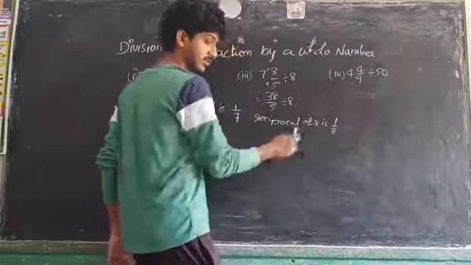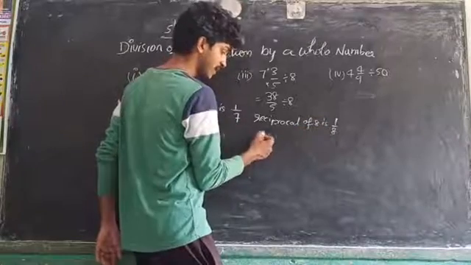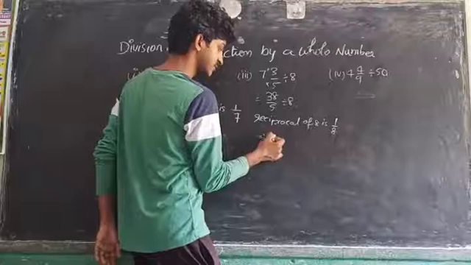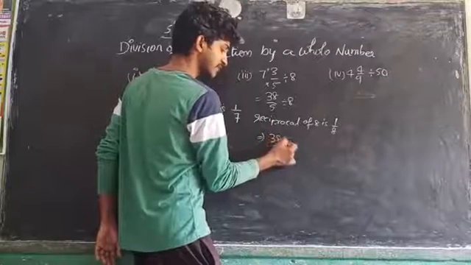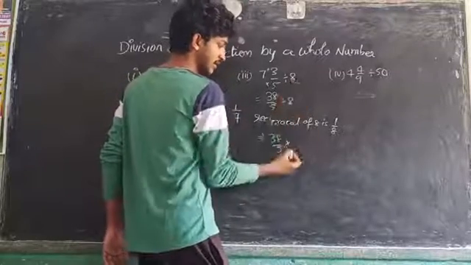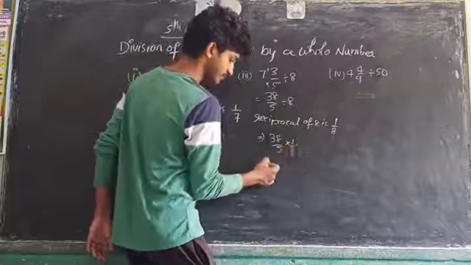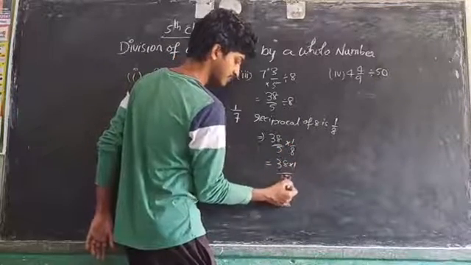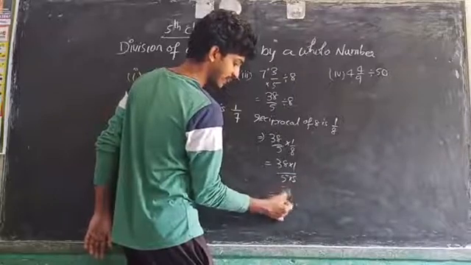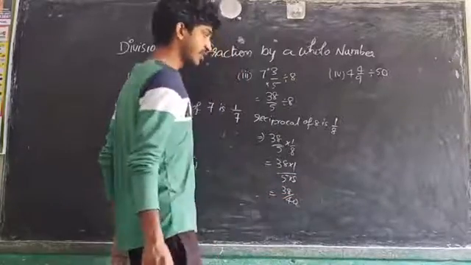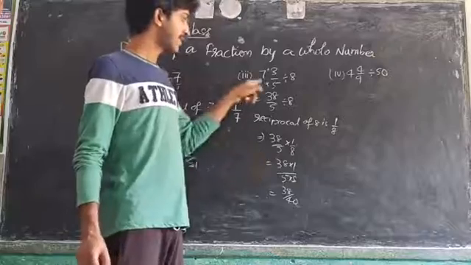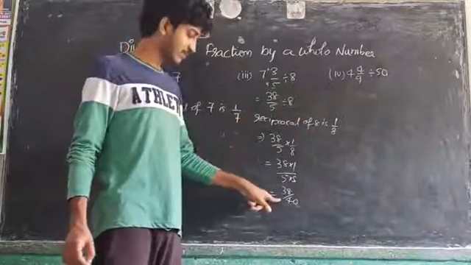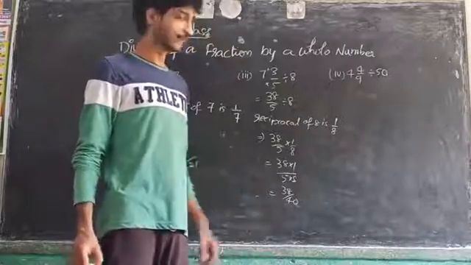Now multiply the fraction with the reciprocal of the divisor. So the fraction is 38 by 5 and the reciprocal of the divisor is 1 by 8. It becomes 38 into 1 by 5 into 8. 38 ones are 38 and 5 eights are 40. So if you divide 7 3 by 5 by 8, then the answer is 38 by 40.